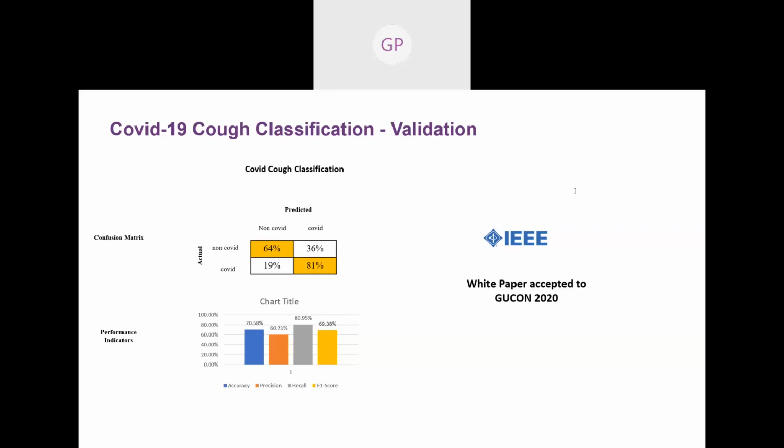All of these parameters are used to come to a bigger holistic picture of how accurately we can classify whether a person is carrying a COVID infection or not.